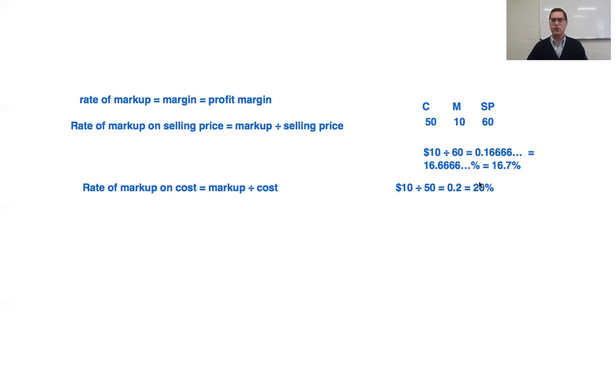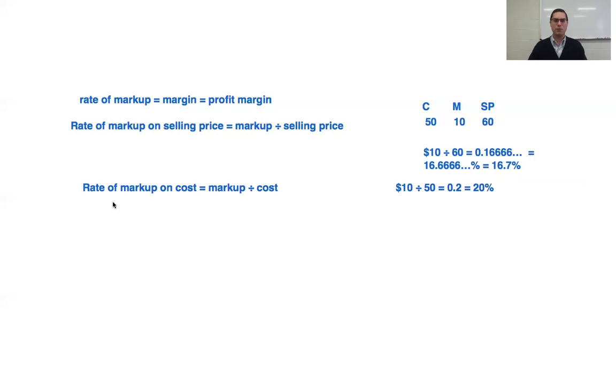So notice here that we have two different rates. Notice that in both cases we're taking our markup and comparing the markup to one of the other numbers in the basic price equation. We're comparing it to either the cost or the selling price. When we compare the markup to the selling price of 60, we get a rate of markup of about 16.7%.